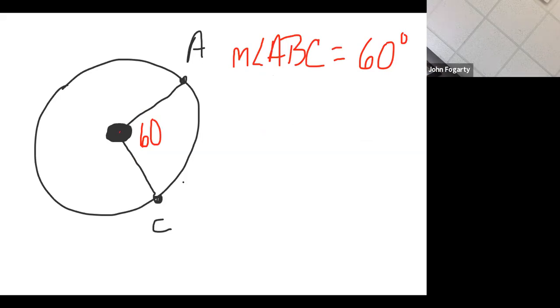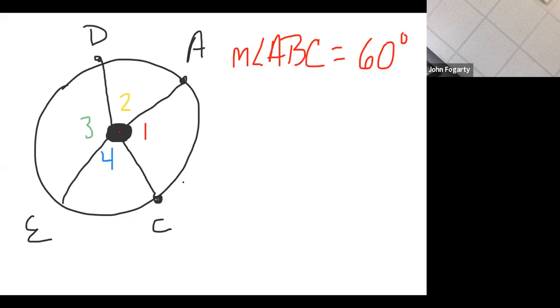Now watch. I'm going to draw a whole pile of angles for you. Now, I'm going to rename this angle number 1, this angle number 2, this angle number 3, and this angle number 4.